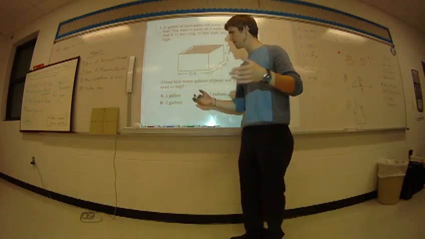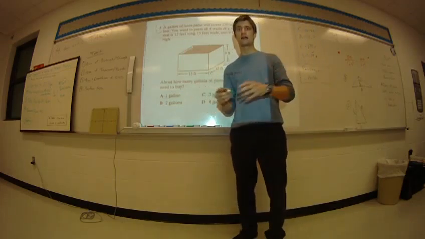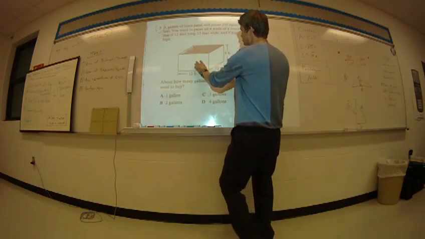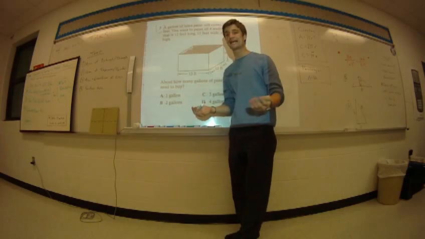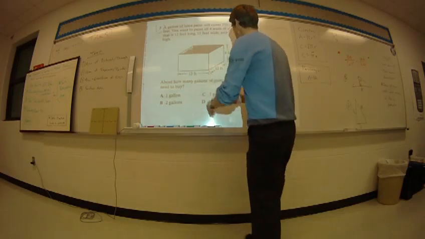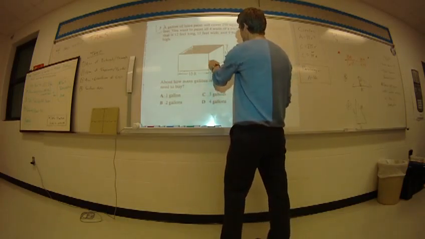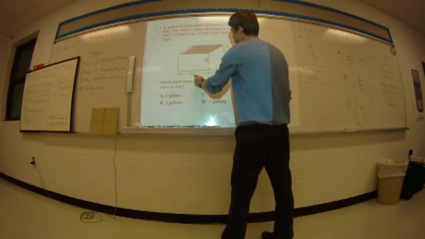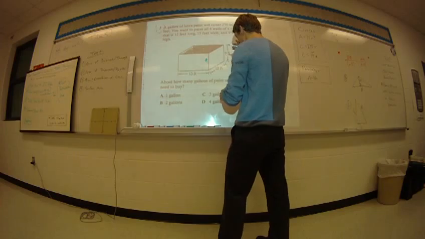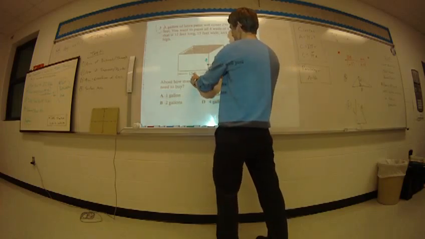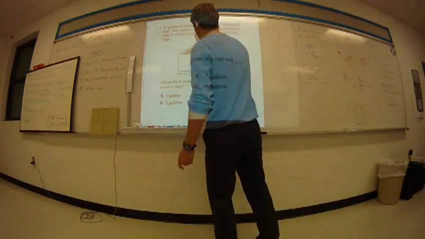Here you're looking for lateral surface area because you're only looking for the sides. The easiest way to do this: the lateral surface area is composed of 4 faces. This face at the front and this face at the back are the exact same. So let's figure out this face at the front. This is 15, this is 9. So we just do 15 times 9, which if you put it in your calculator, you're going to find is 135.